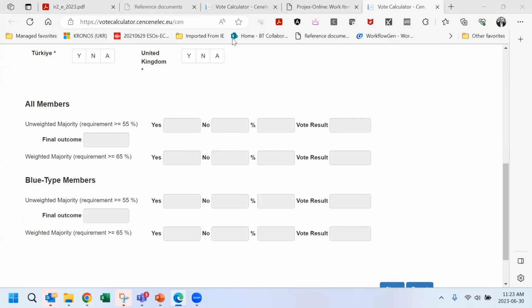Are already running new work item ballots for many projects also affected by the new voting procedure, or will it only be applied to new ballots starting in July? Yes, indeed, Nora.